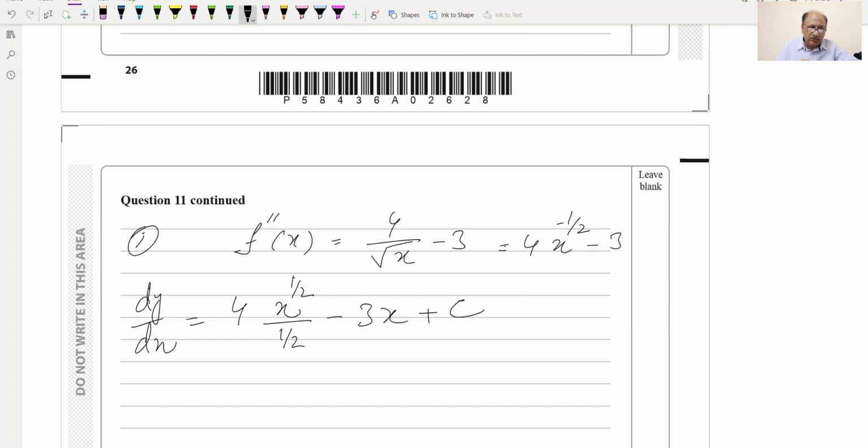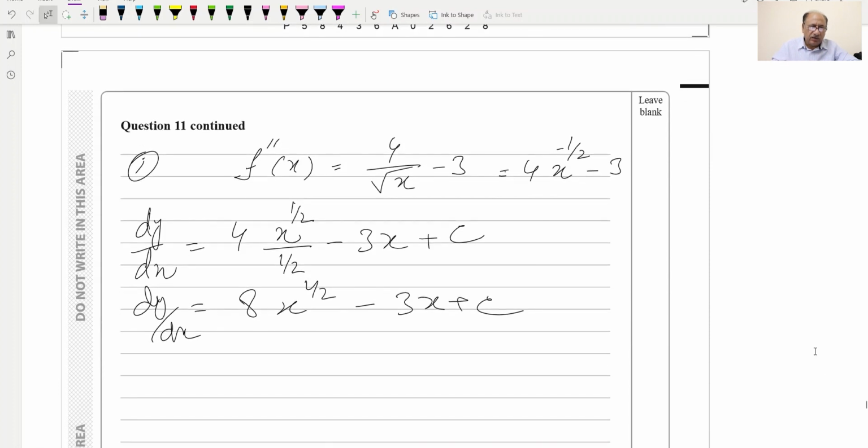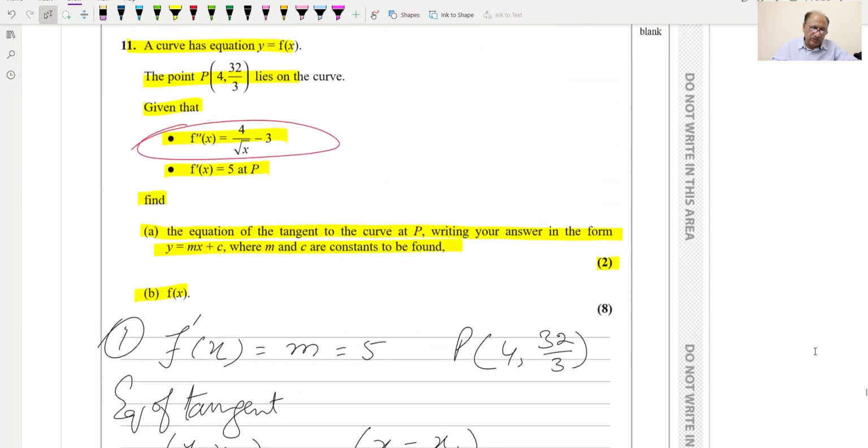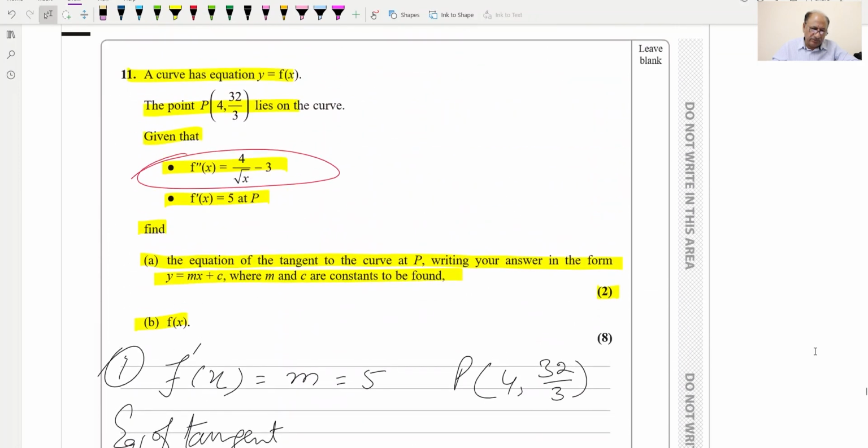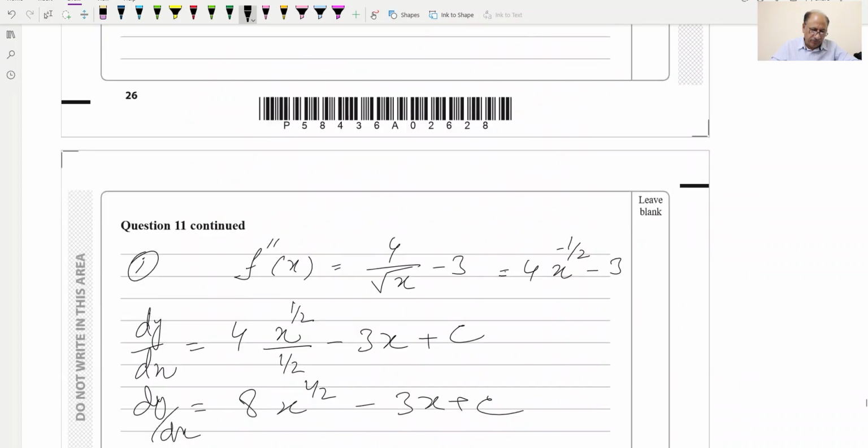Now we can simplify this, and we can rewrite it as 8x raised to 1 by 2 minus 3x plus c. This will be dy by dx, and we can replace the value of dy by dx at 4. It is given that dy by dx at x is equal to 4 is 5.